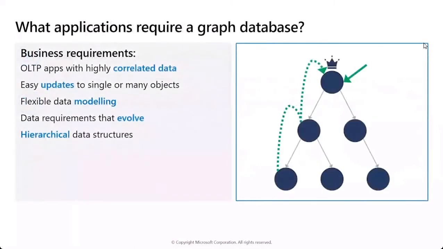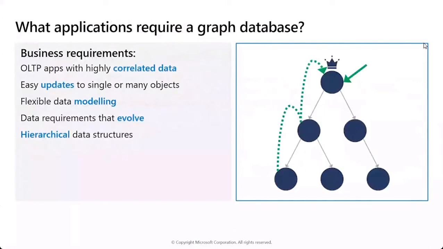If we take a look at an example, let's imagine that we are representing all the employees in an organization with a graph model. Each node represents an employee, and the edges represent the reporting line for each of the employees. In this graph, the arrows on the edges show the direction of the reporting line.